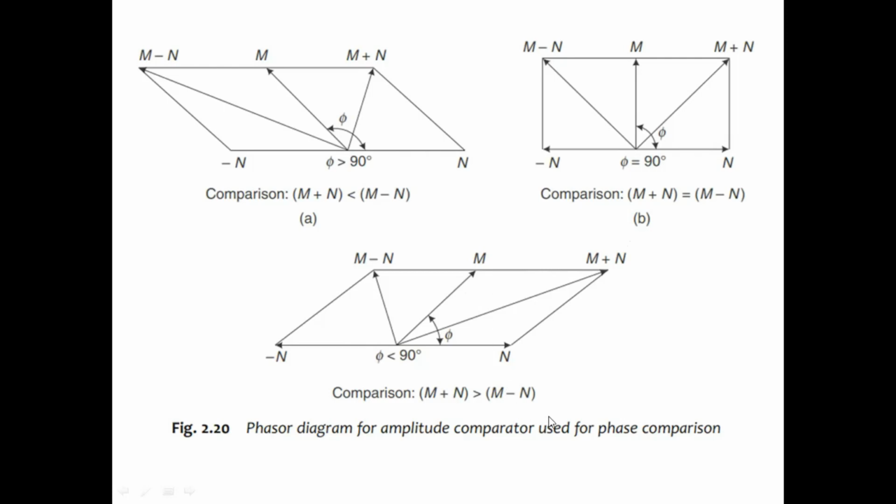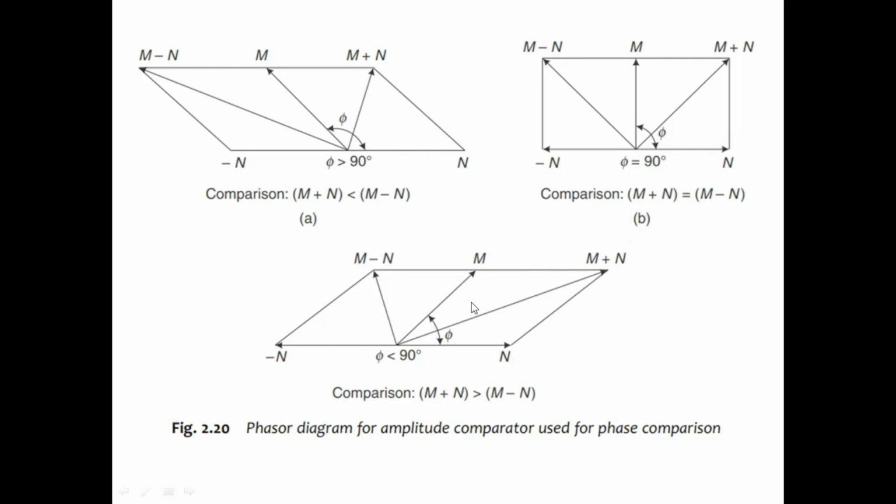And figure C here shows that the M plus N signal is greater than the M minus N signal, which means your operating quantity is greater than your restraining quantity, and also phi is less than 90 degrees.